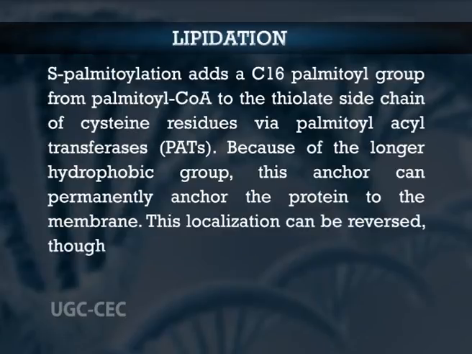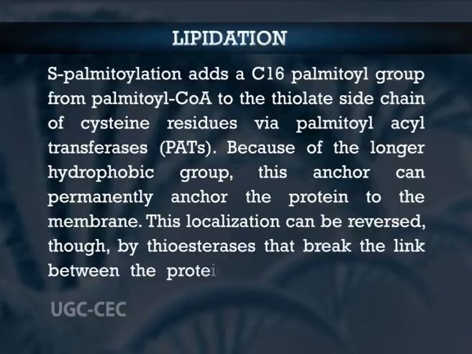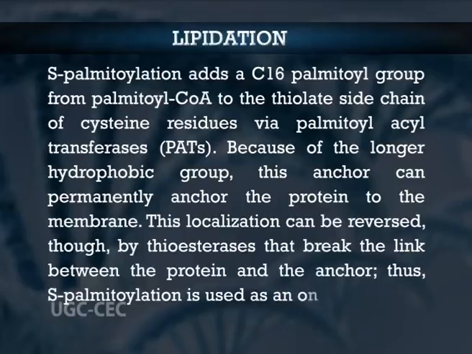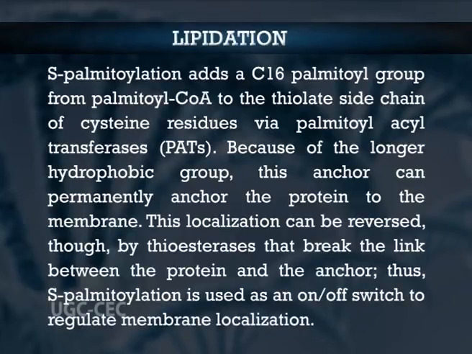This localization can be reversed, though, by thioesterases that break the link between the protein and the anchor. Thus, S-palmitoylation is used as an on or off switch to regulate membrane localization. S-palmitoylation is often used to strengthen other types of lipidation, such as myristylation or farnesylation.